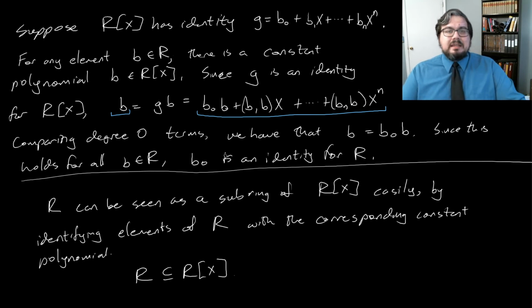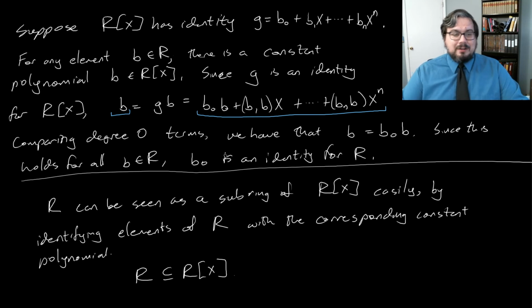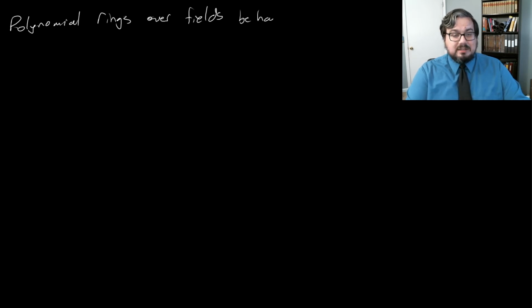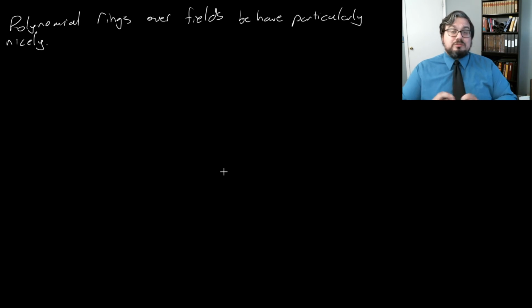But to really get some powerful results out of a polynomial ring, we like for the coefficient ring to actually be a field. Polynomial rings over fields behave particularly nicely. And a lot of that comes down to results stemming from the following theorem.